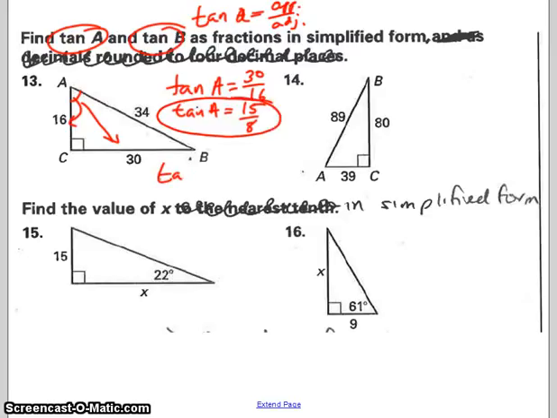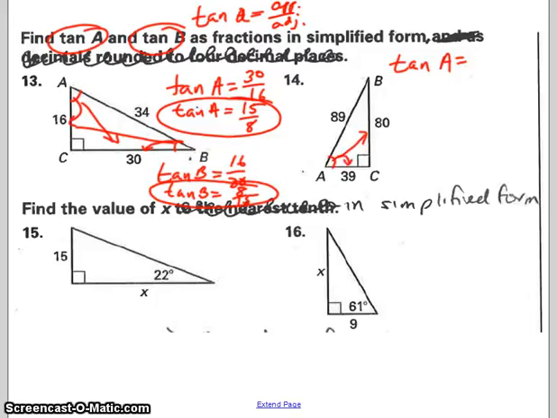Tan B. B is here, so opposite is 16, adjacent is 30. Simplify that, and we get tan B equals 8 over 15. Same thing, number 14. Tan A is here, so opposite over adjacent, 80 over 39.